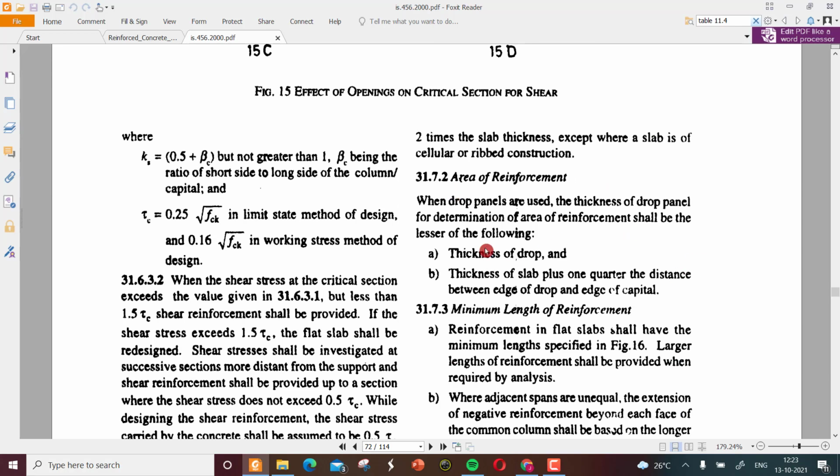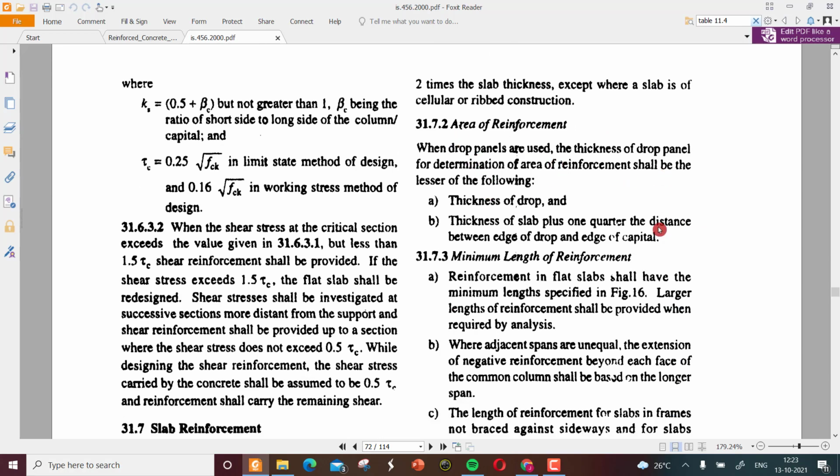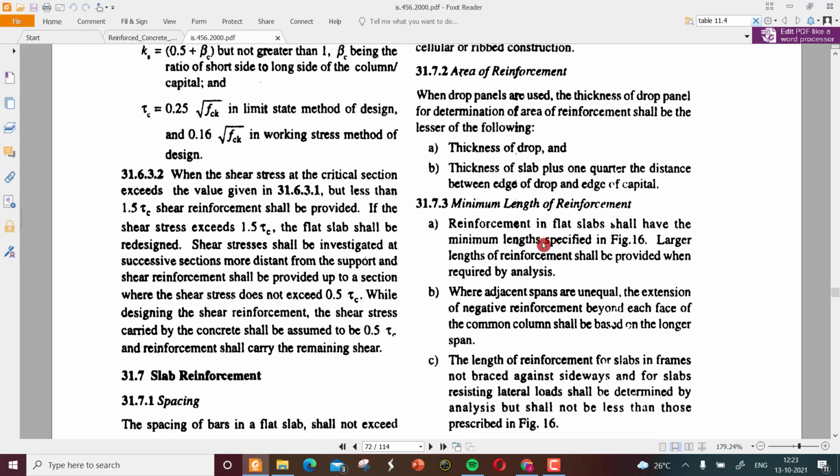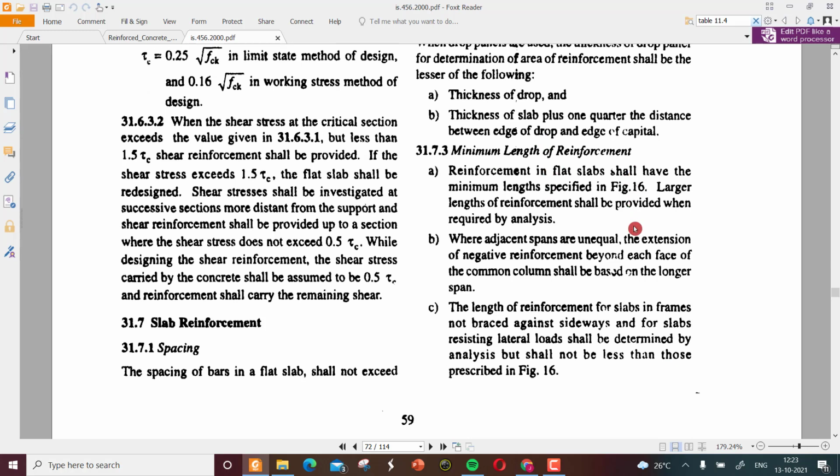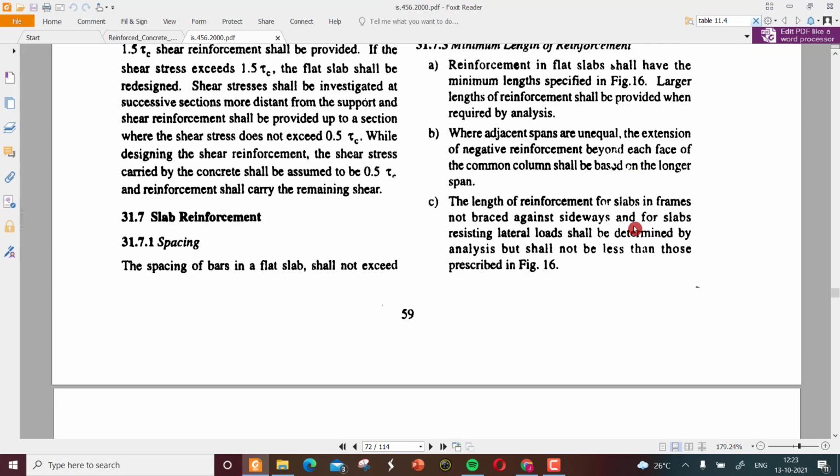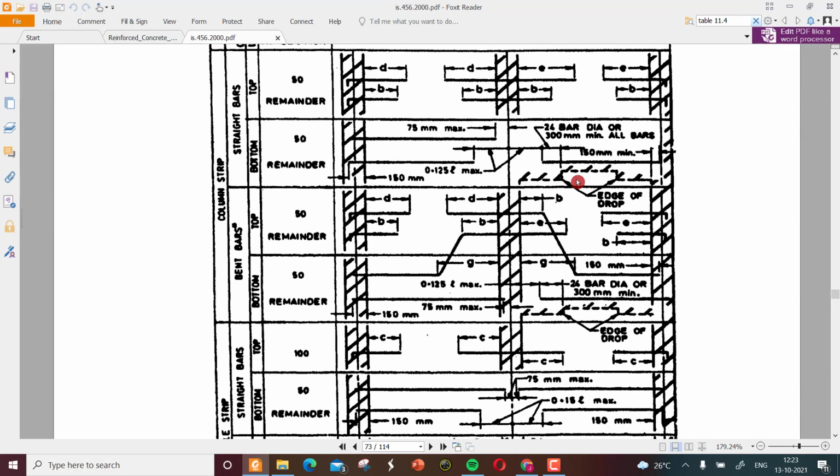The area of reinforcement when drop panels are used, there should be a thickness of drop given, then the minimum length of the reinforcement. So this is something we will check again once we are doing the problem for a clear understanding.